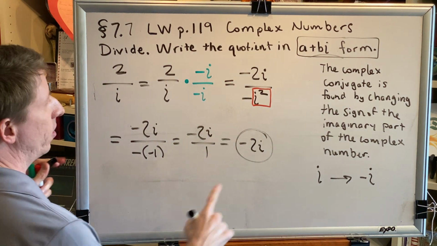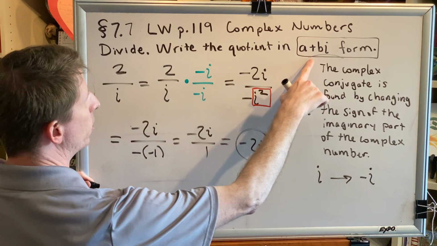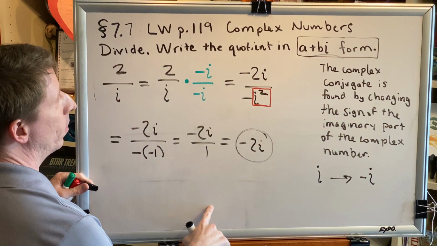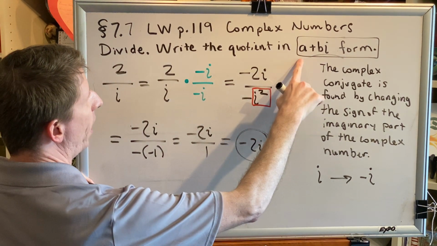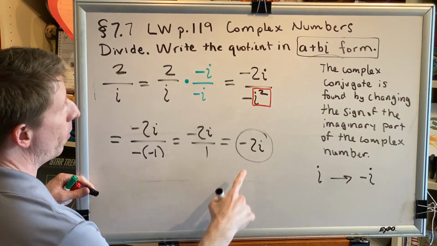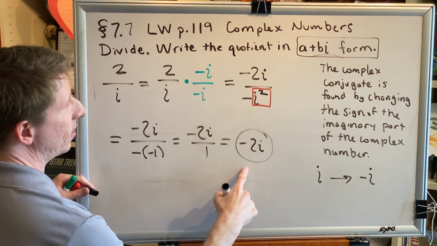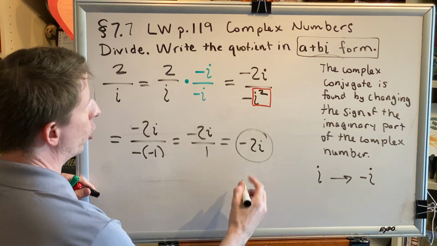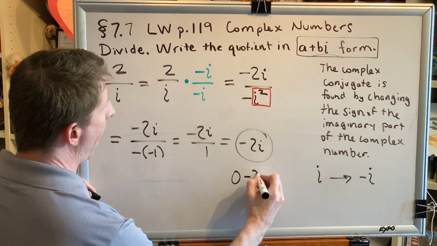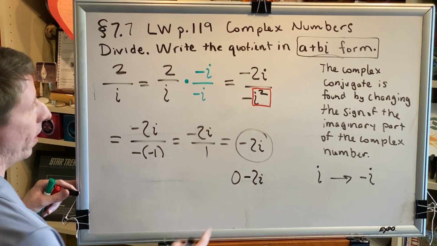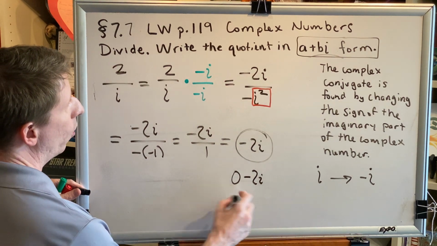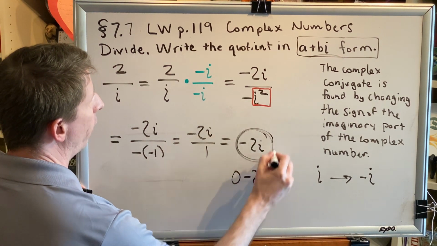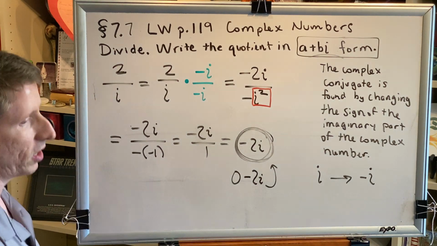Now, you might notice that this does not appear to match the form required for this problem. You might be thinking to yourself, don't I have to have a number in front? The number in front technically is there, it's just hidden, it's 0. You could write this as 0 subtract 2i. But simplifying involving 0 would take us right back to where we are, so this is our final answer for this particular problem.